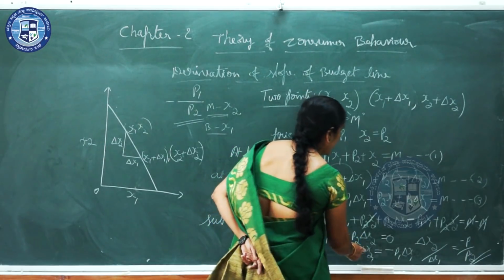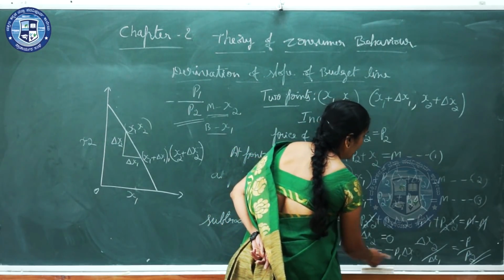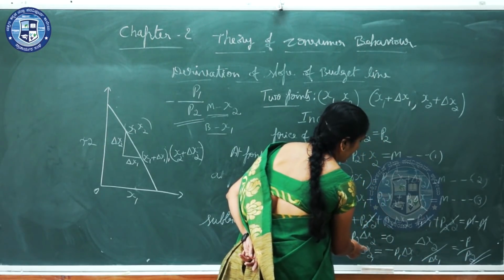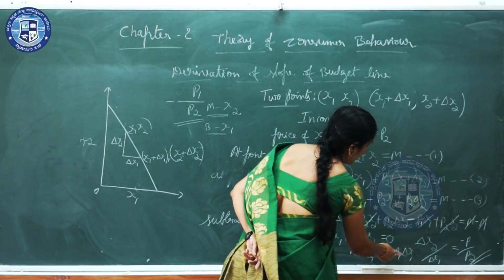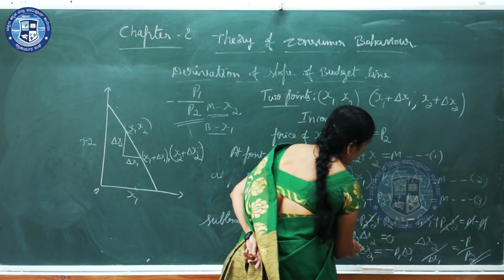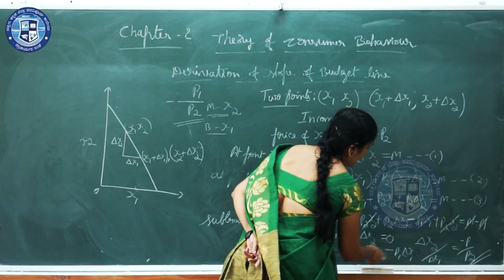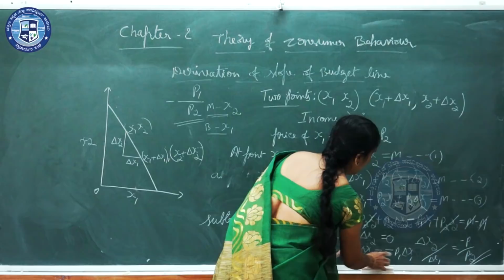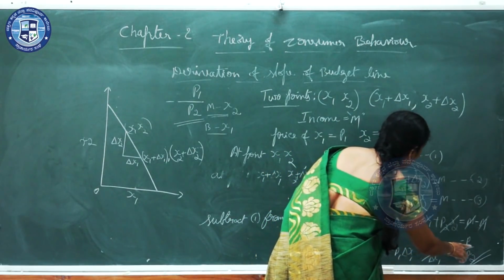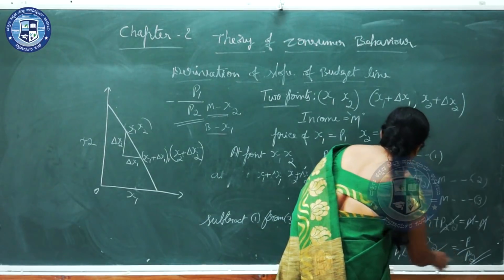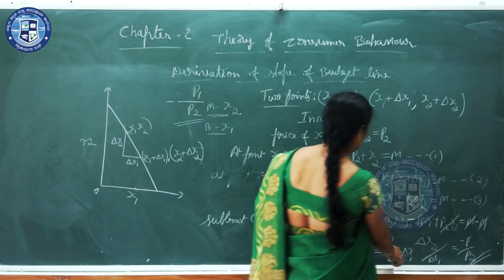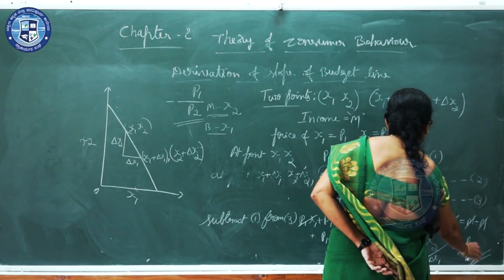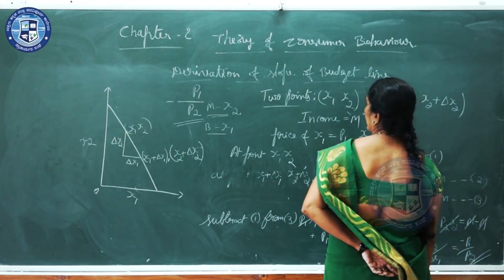Then delta x2 divided by delta x1: when this multiplication comes to this side it becomes division. So delta x2 divided by delta x1 is equal to minus P1 divided by P2.